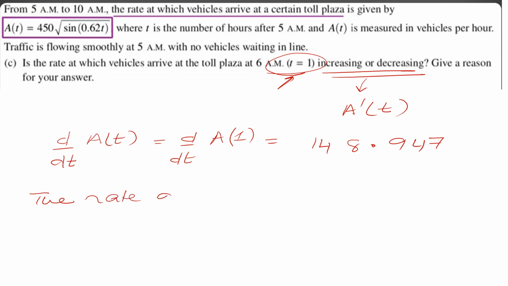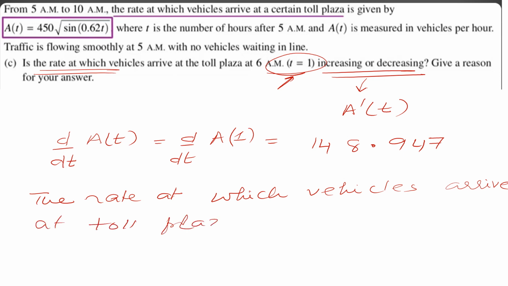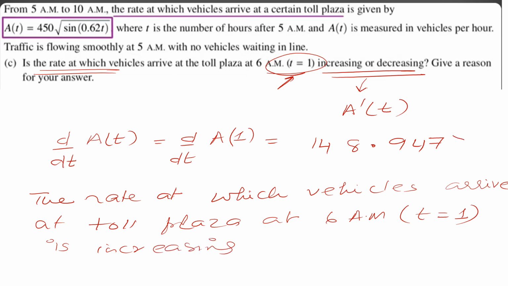You have to write the answer from your question: the rate at which vehicles arrive at the toll plaza at 6 a.m. when t equals 1 is increasing, since A prime of 1 is greater than 0. That would be your full conclusion.